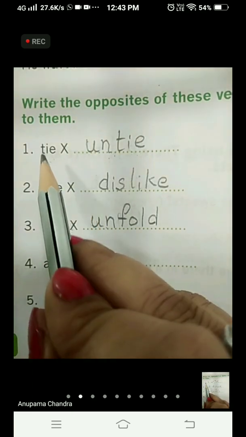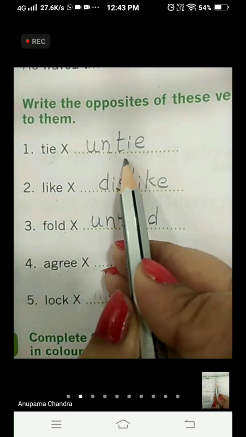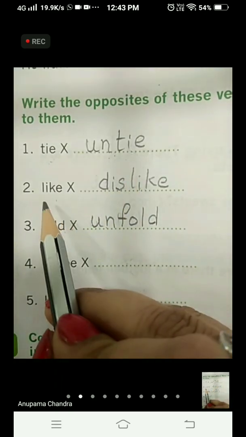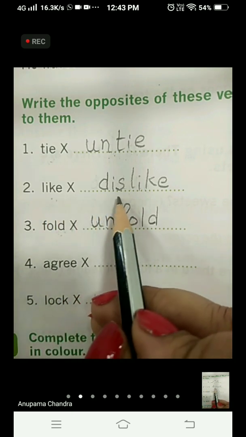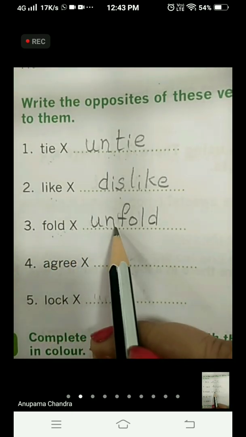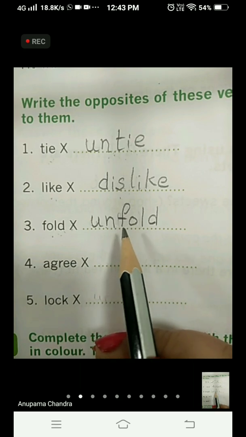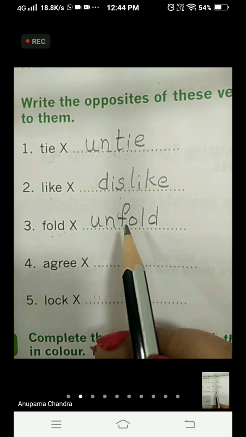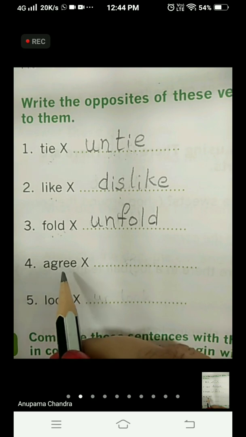I repeat, tie, untie, like, dislike, fold, unfold, and our next word is agree.